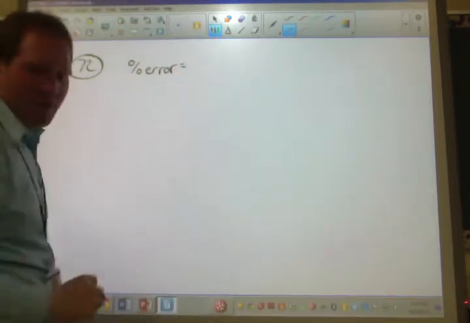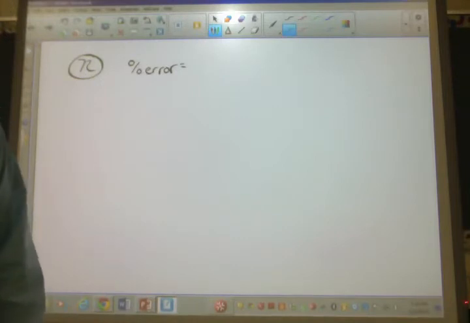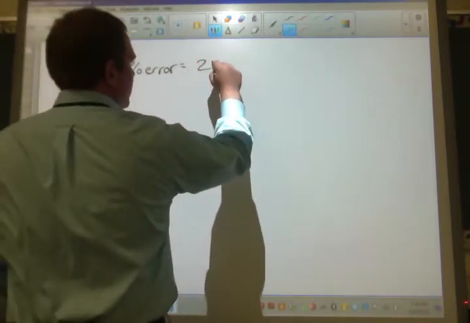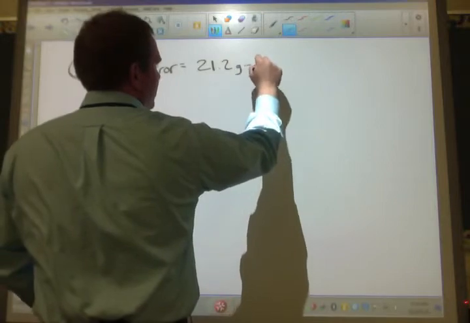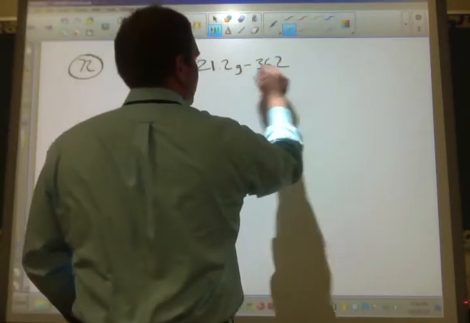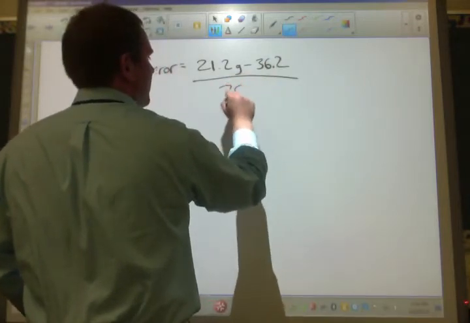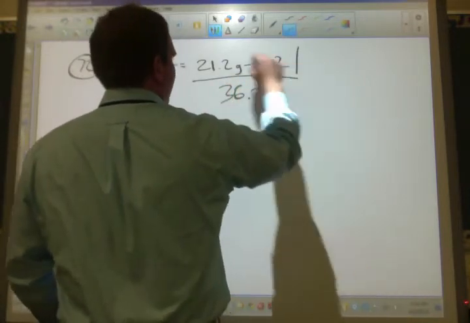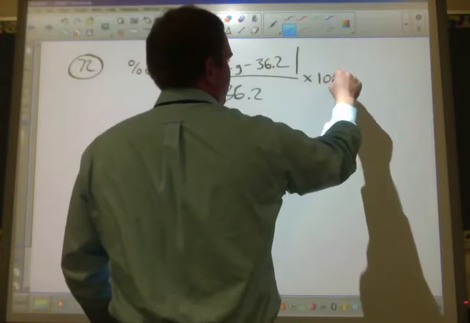So it's what you got minus what you should have gotten in absolute value. So it's 21.1 grams minus 36.2 grams divided by what you should have gotten, 36.2, in absolute value, times 100%.